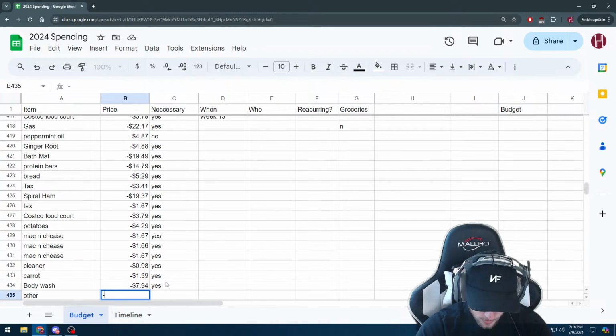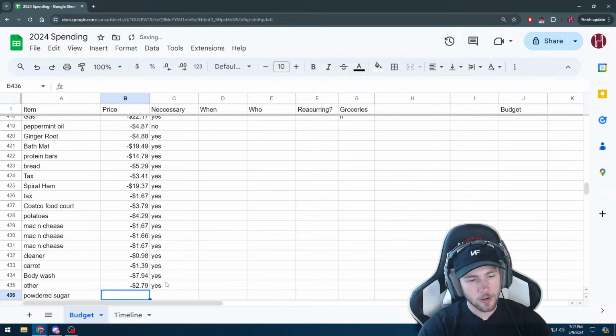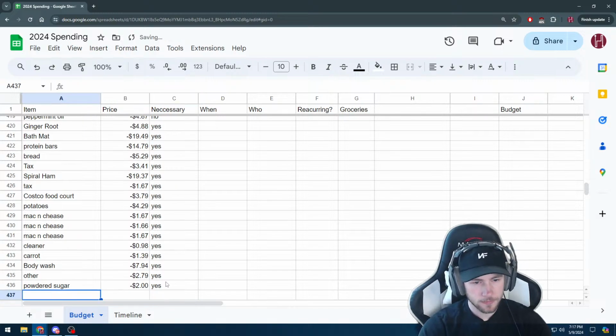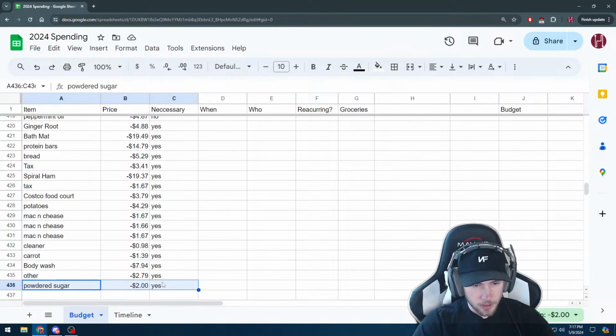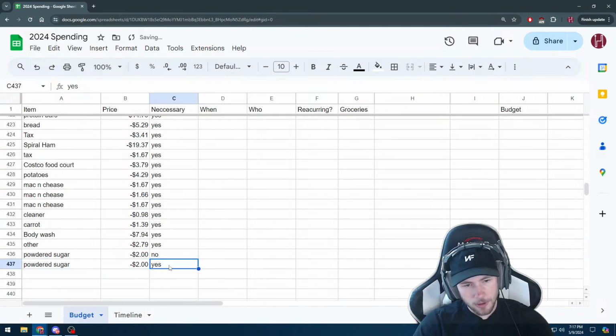Just 2.79. Powdered sugar. $2. And it said no on the powdered sugar.